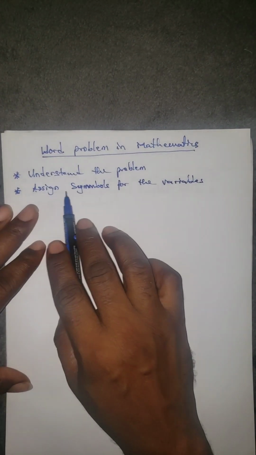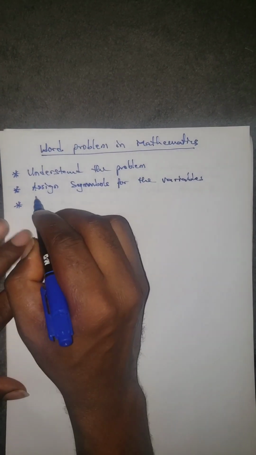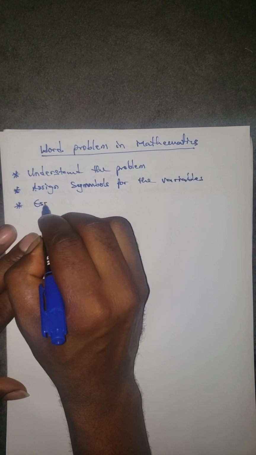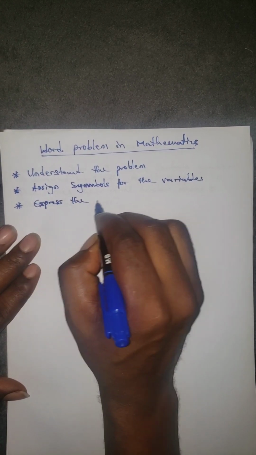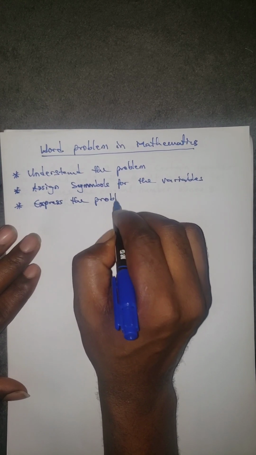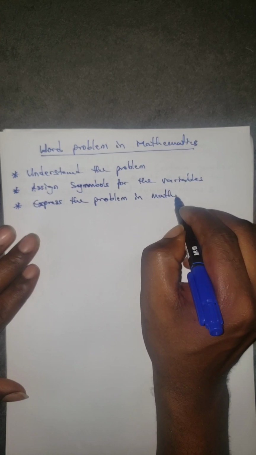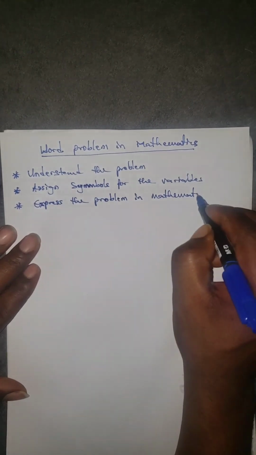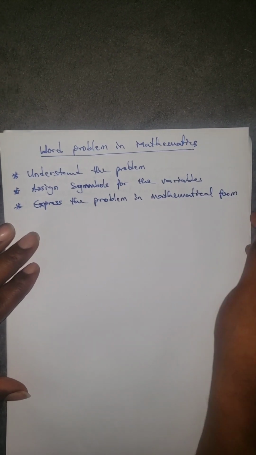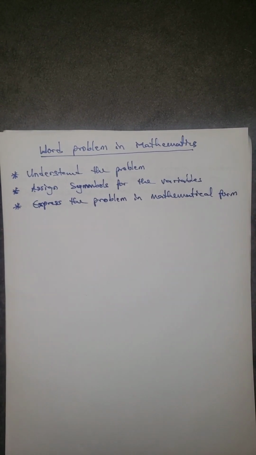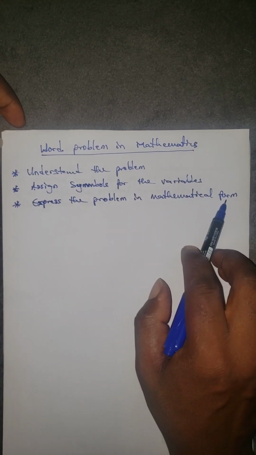So the next thing is to assign symbols for the variables, then express the problem in mathematical form.